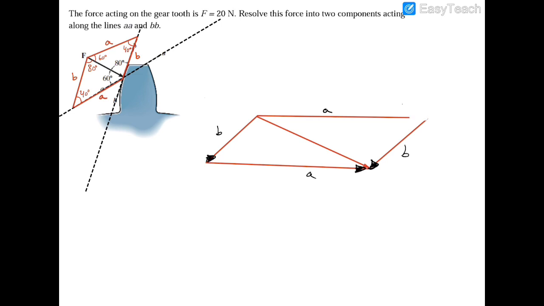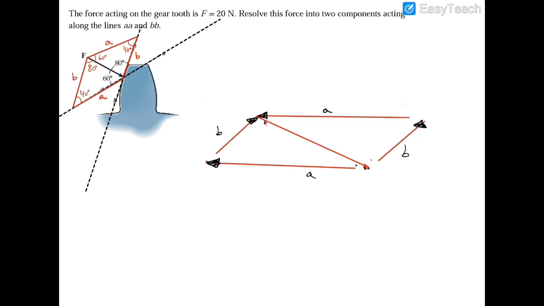Had I drawn these arrows in the opposite direction, what would happen is that if A was to the left, and B was actually upwards, like so, you'd see that you don't actually get the resultant force pointing in this direction to the bottom right, because you don't have any downwards forces if B is pointing up.